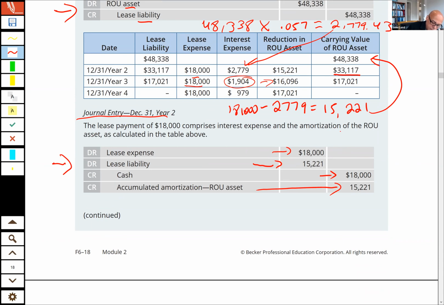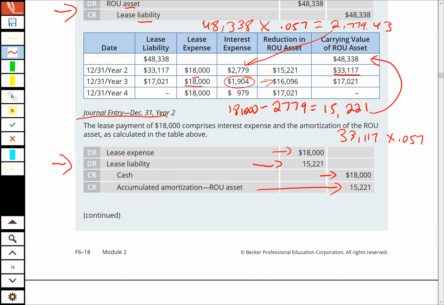And you get the interest by taking, let's go ahead and calculate that one more time. 33,117 times 0.057. What do you get? I didn't verify that calculation earlier, but let's take a look. 33,117 times 0.057 gives me what? What'd I do? $33,117 is the carrying value after that first year, right?